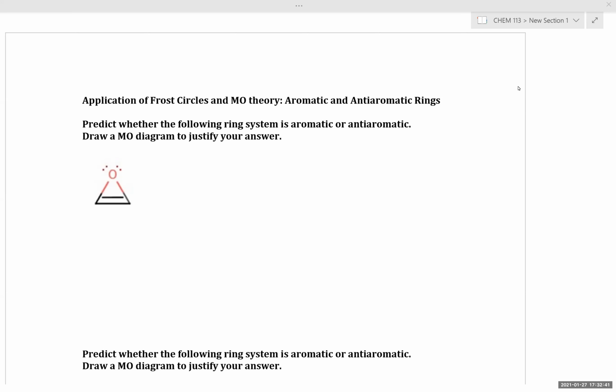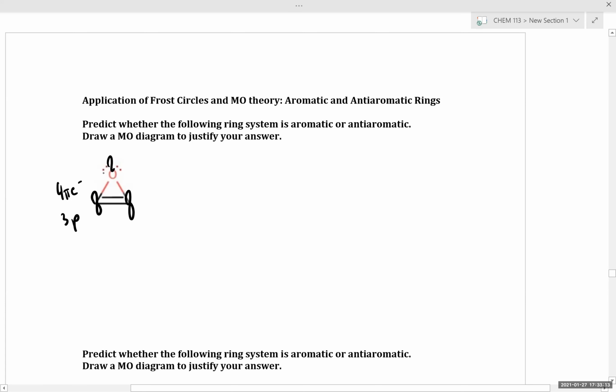Looking at the following molecule, for example, we see that it has 4 pi electrons, and we are combining 3 of our p orbitals to generate our molecular orbitals. So we have 3 p orbitals conjugated in a ring, and we have a total of 4 pi electrons in this conjugated system.